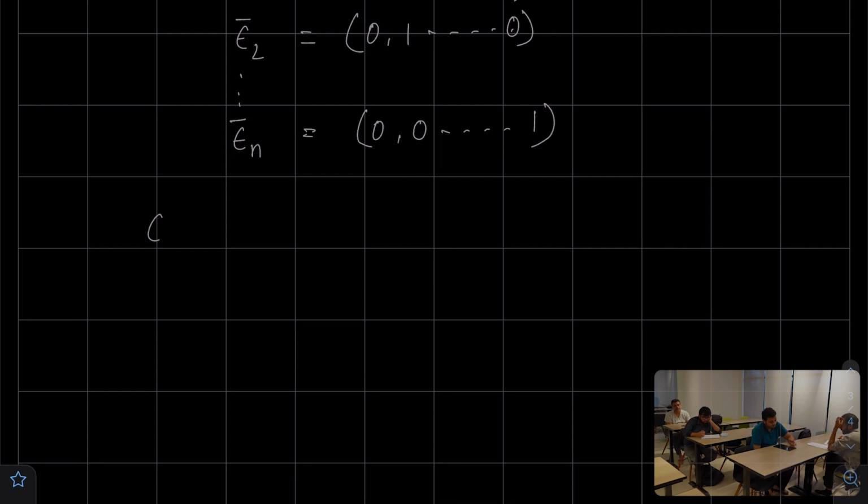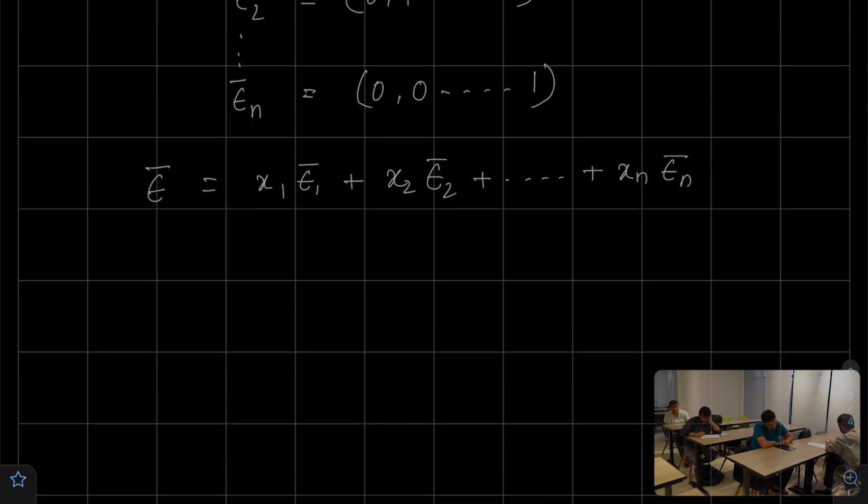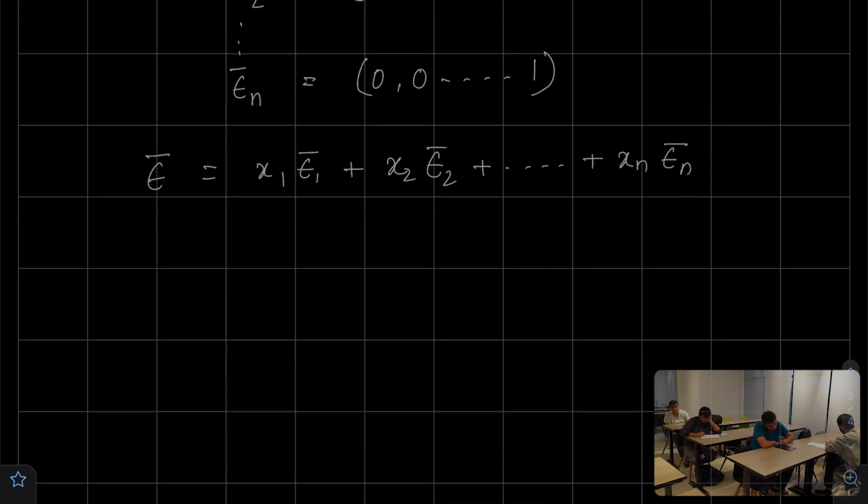I can write any arbitrary vector epsilon using some numbers, let's say x1 times epsilon 1 plus x2 times epsilon 2 plus xn times epsilon n.